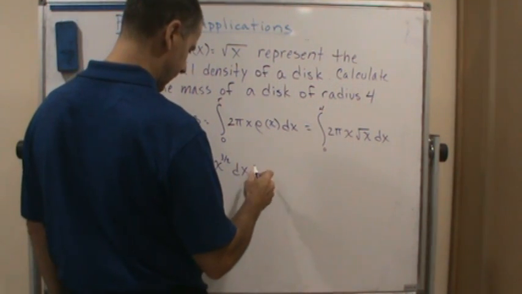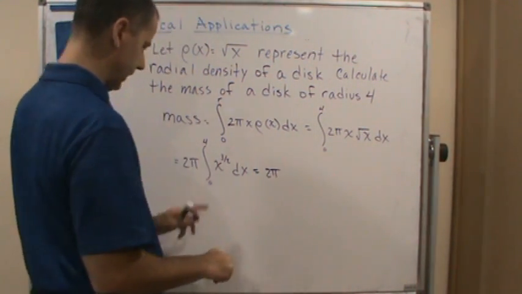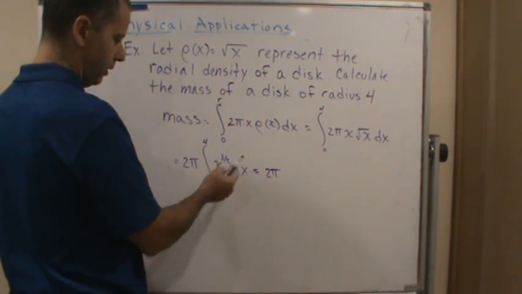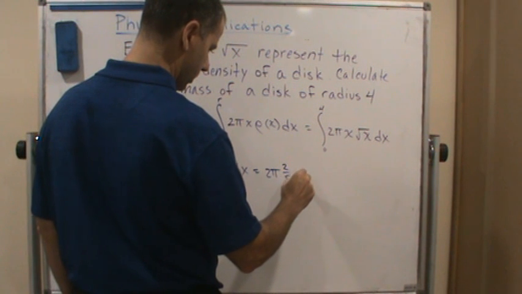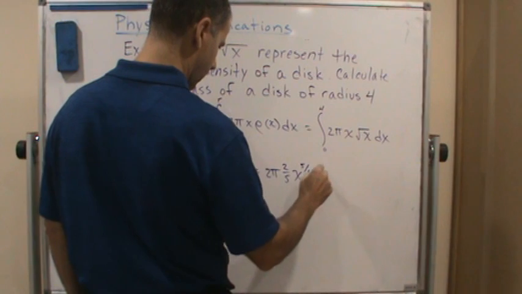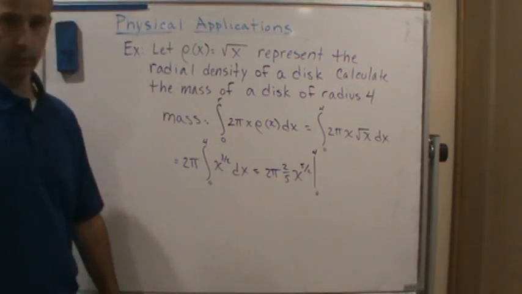So this is, again, easy integration. So I'm going to get 2 pi, and this is going to be 5 halves, right? So it'll be 2/5 x to the 5 halves, evaluated from 0 to 4, right? So far so good.